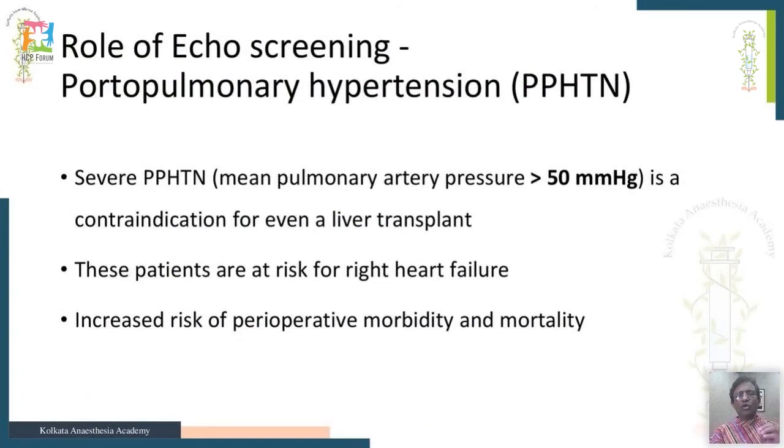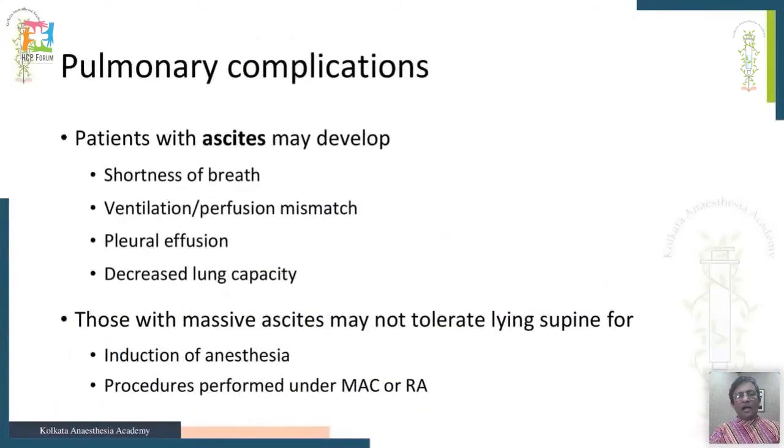There is a huge role for doing an echo screening in these patients because you can pick up portopulmonary hypertension with a pulmonary artery pressure of 50. And if you see that, that is a no-no to elective surgery and possibly even a no-no to transplantation.